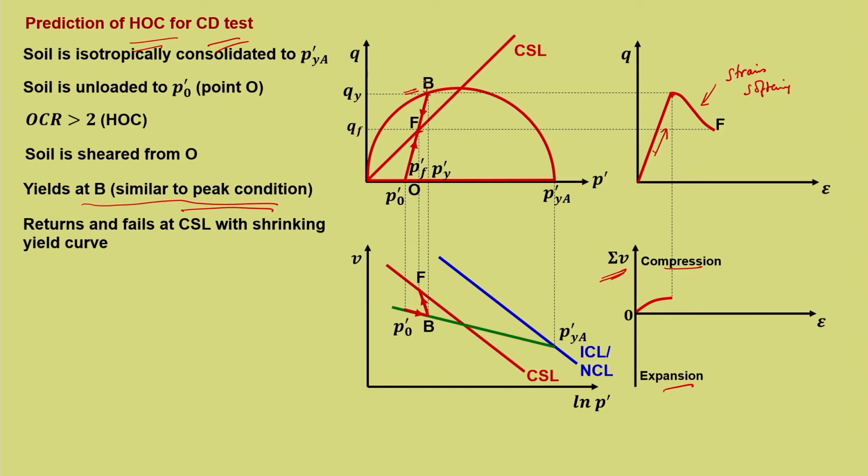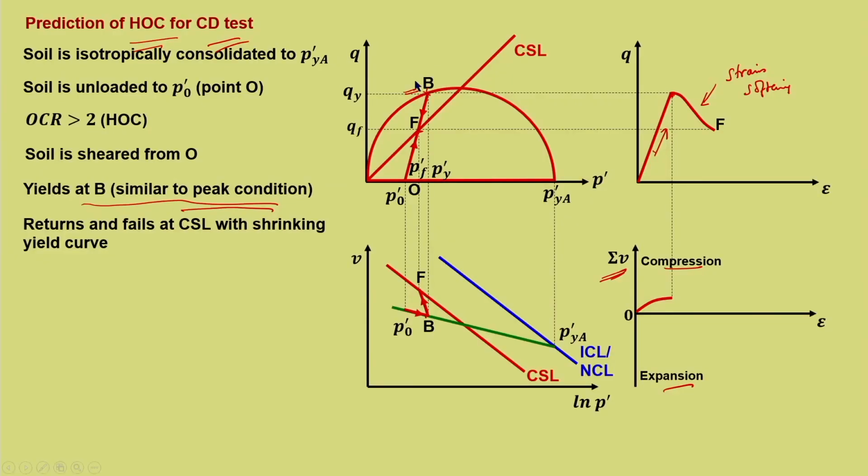By defining the yield curve, we know along this it will move, that is the elastic response, and then it will move upwards or dilates and fails at F. Now, this information becomes quite handy in the presence of the yield curve, that is, the yield curve supplements this knowledge along with our discussion. So, from this particular point B, strain softening means there is a kind of dilation that is happening up to F where it fails.